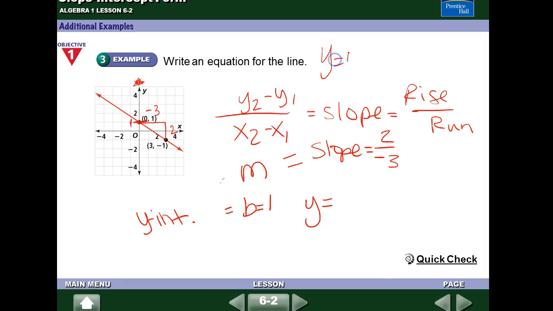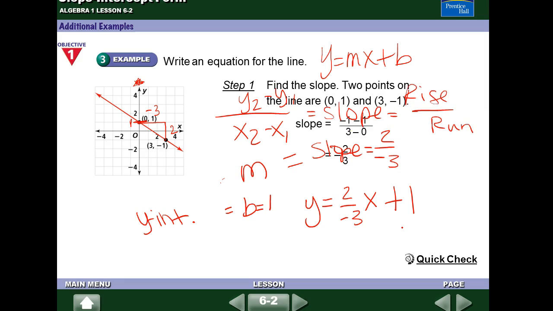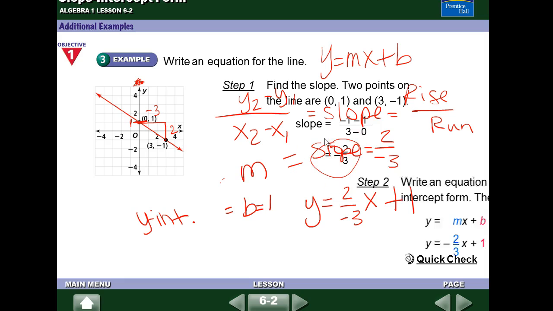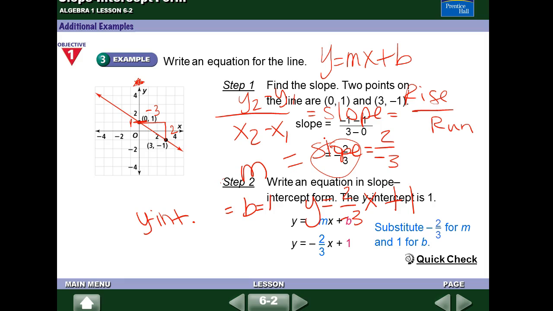Because once again, we're using y equals mx plus b form. My m is 2 over negative 3, so y equals 2 over negative 3 x plus, what's my b? 1. They should have it kind of kicking through here. So find the slope from 2 points on the line, negative 2/3, which we found using rise over run, same way, whichever way you'd like. And then substitute, once you know your y-intercept here is 1, and we got the same thing.